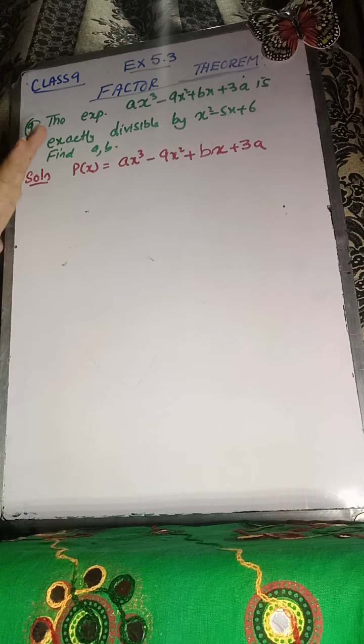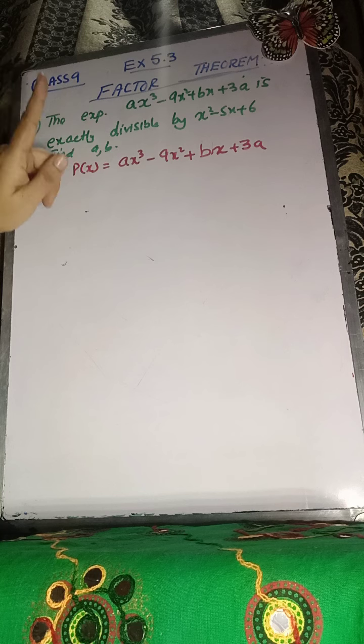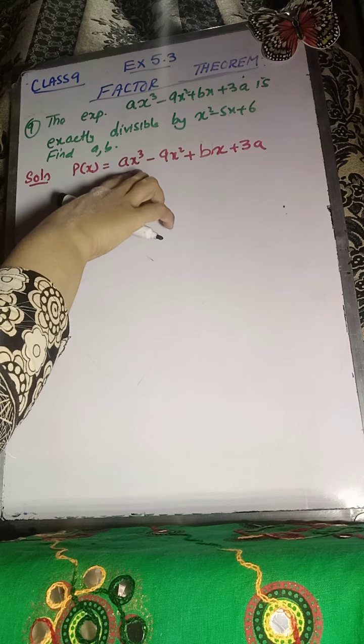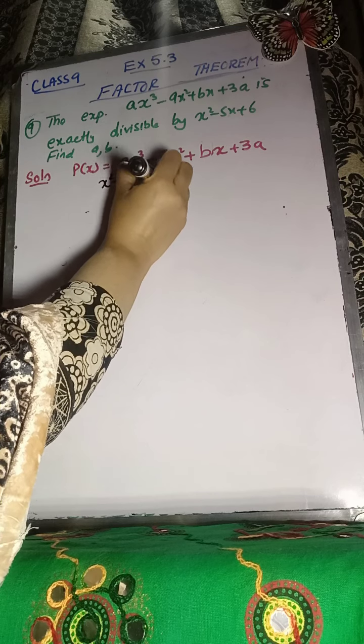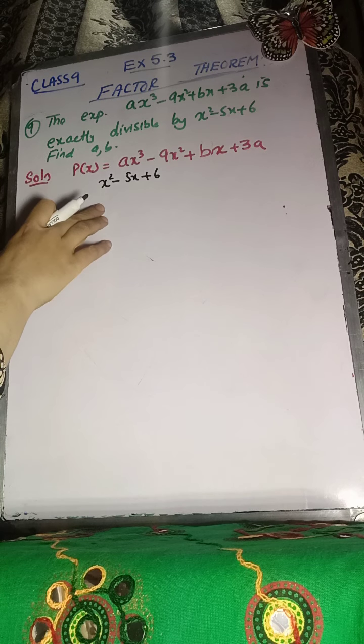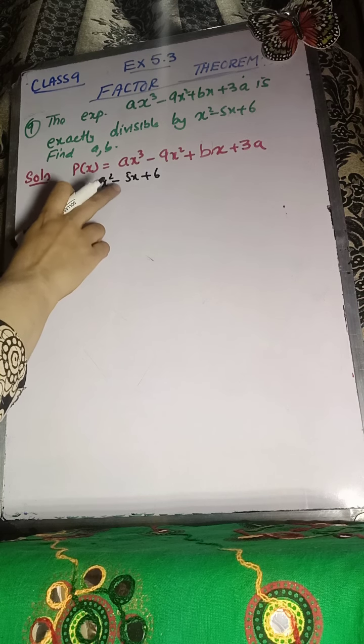Exactly divisible means that it will give a remainder of 0 when this polynomial is divided by this. We have to find the value of a and b. Now if this polynomial is divisible by x square minus 5x plus 6, then from division we know that it will also be divisible by the factors of this expression.